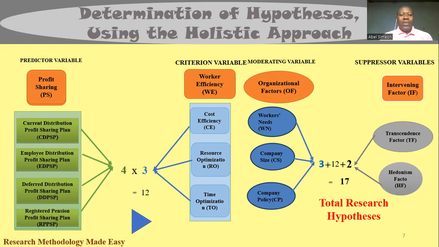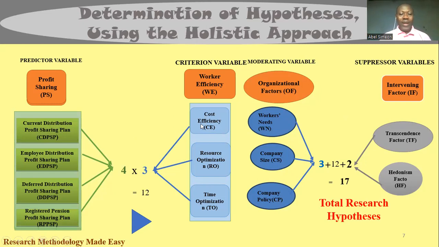But if I want to have 3 hypotheses in my study, that simply means I have to get 1 dimension, 1 measure, 1 moderating variable, and 1 suppressor variable.